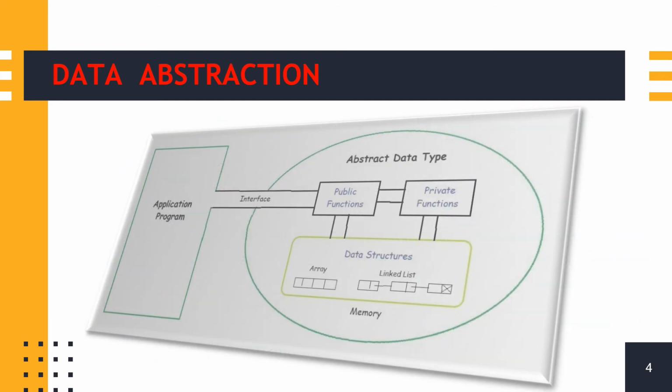Now you see the diagram: application program interface. Here the abstract data type's interface goes to public functions and then private functions. Both go to the data structure in memory, here also an array and a linked list. So this is an abstract data type.